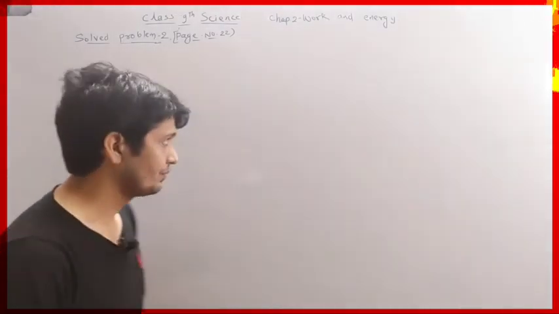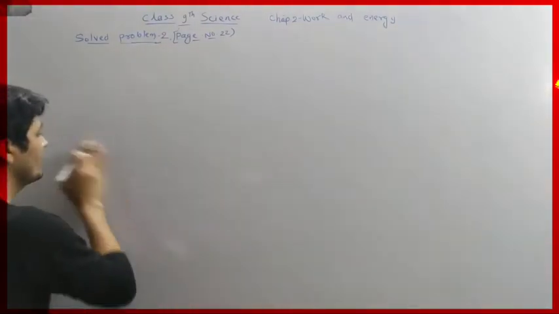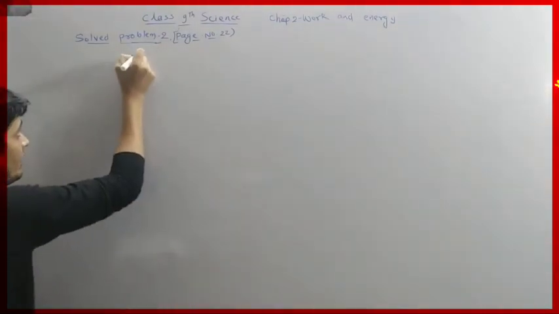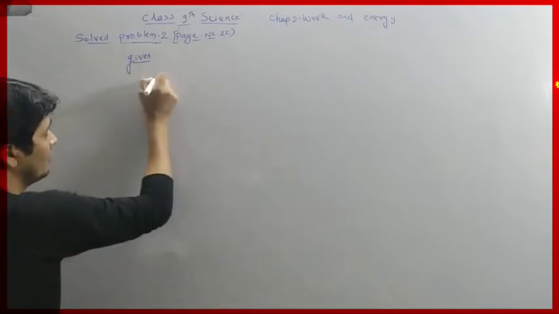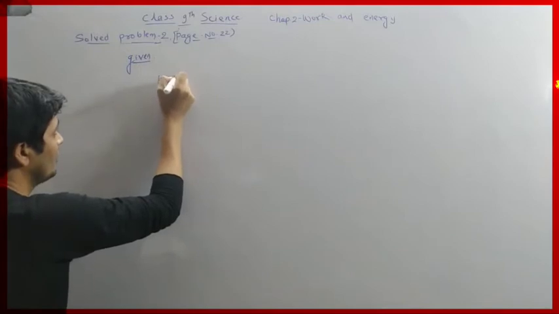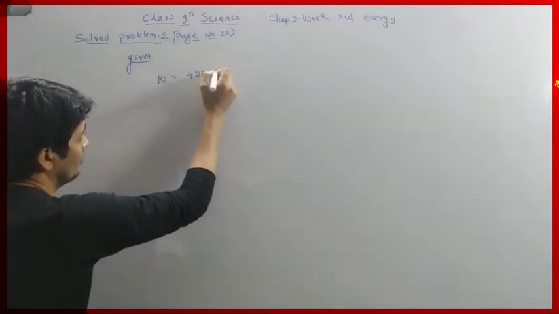So first we are starting our problem from the given part. So what is given? Work done W equals 400 joule.